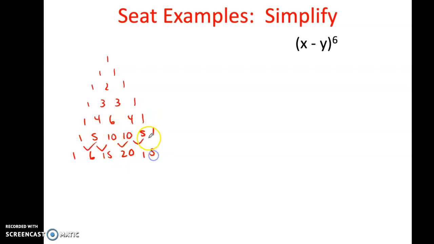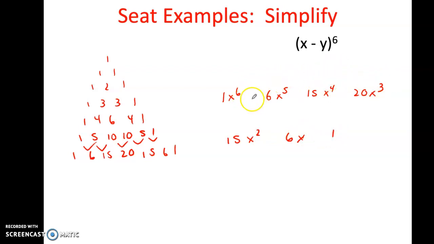And now 15, 6, and 1. So my coefficients are going to be 1, x to the 6th power. And now 6, x to the 5th. We're going to have 15, x to the 4th. 20, x cubed. 15, x squared. 6, x. And then 1 is the last coefficient.